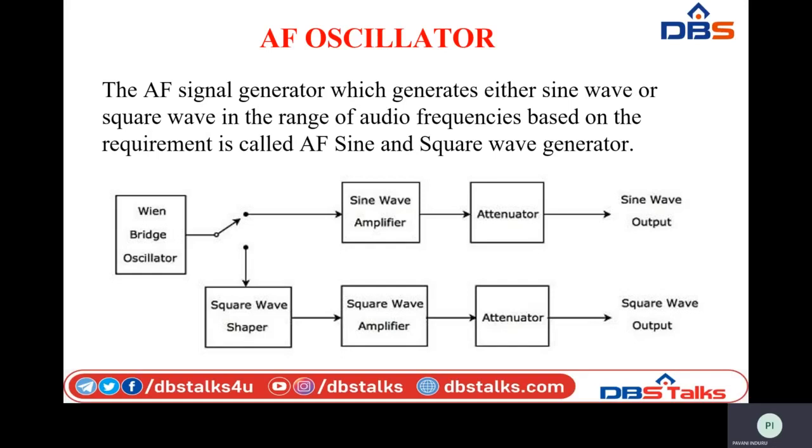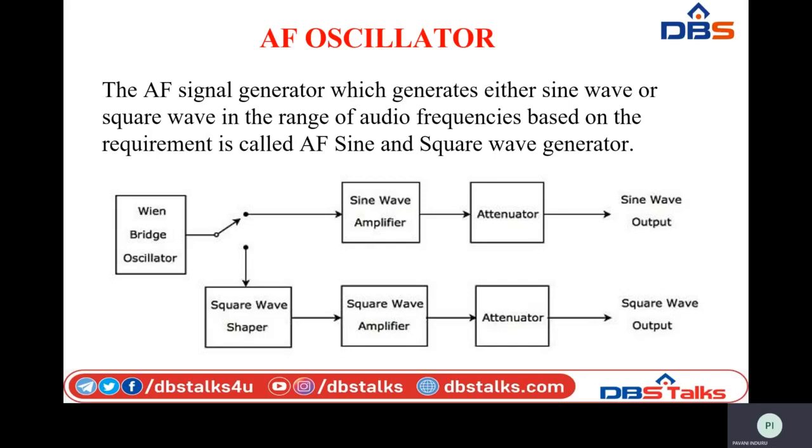Whenever the Wien-Bridge oscillator generates its output signal at resonant frequency, it may go to either the sine wave amplifier or the square wave shaping circuit. If the Wien-Bridge output is connected to the sine wave amplifier, the output will be a sine wave.